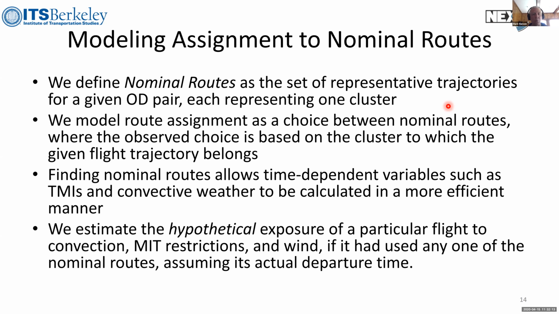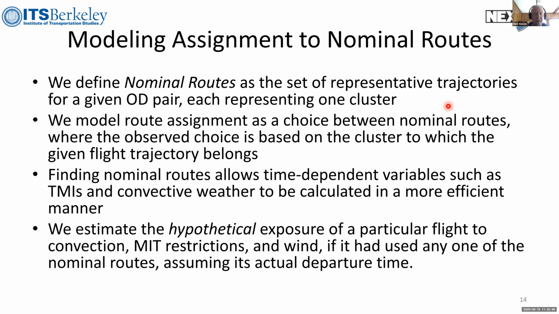So we decide which cluster or which of these routes flight chose by observing the cluster to which it belongs. So then all of our feature engineering is vastly simplified because we can focus on the nominal routes, which are much fewer in number than all those thousands of itineraries.